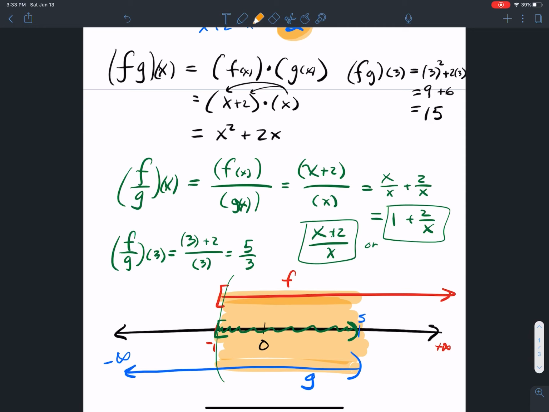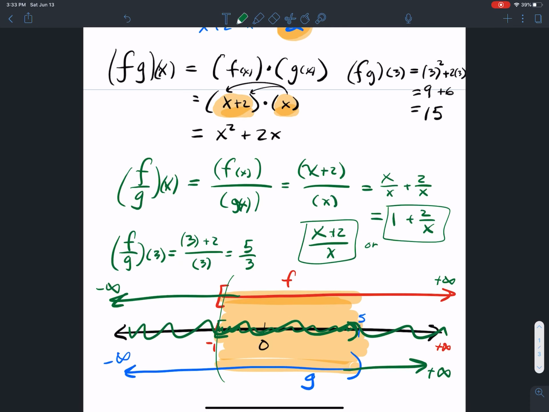Now the good thing about x plus 2 and x is the domain for both of those are all real numbers. So both of them are from negative infinity to positive infinity, and negative infinity to positive infinity. So their intersection is still all real numbers, okay?